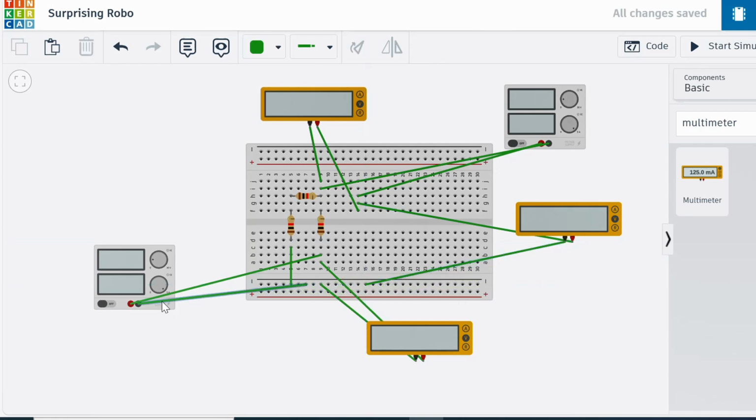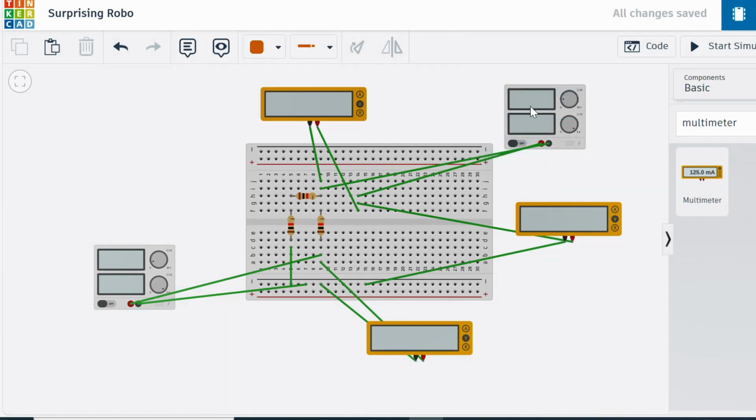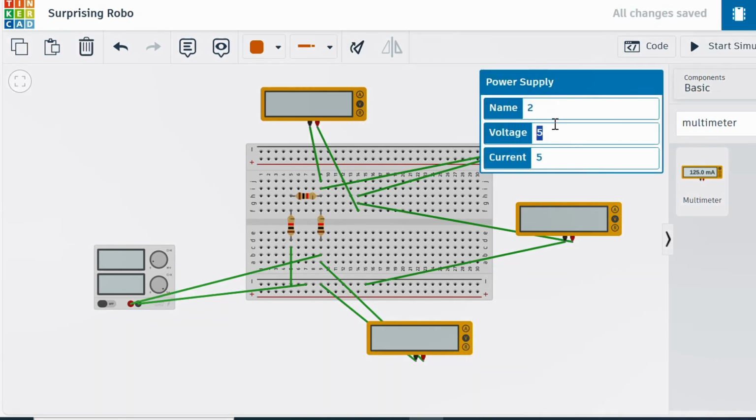Okay, now let's set the battery voltage. For this battery it's 3 volts, so for this power supply, I will just set the voltage to 3 volts. For this battery, I will set it to 6 volts.